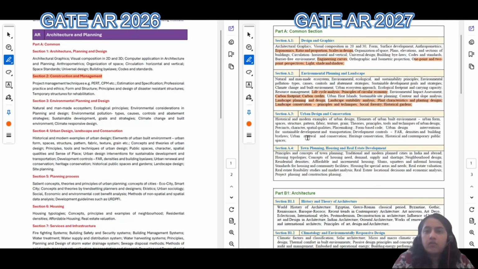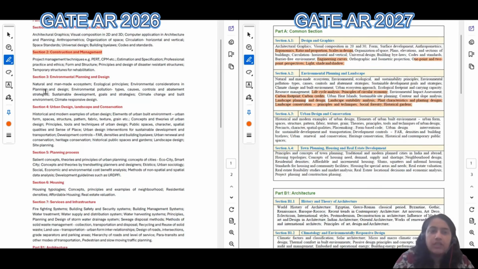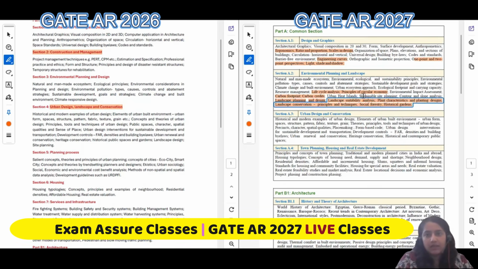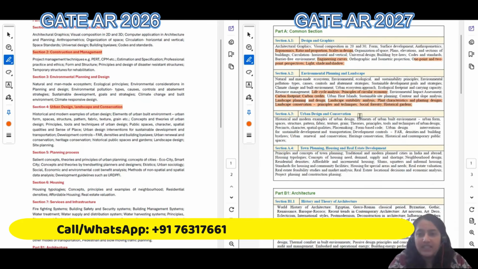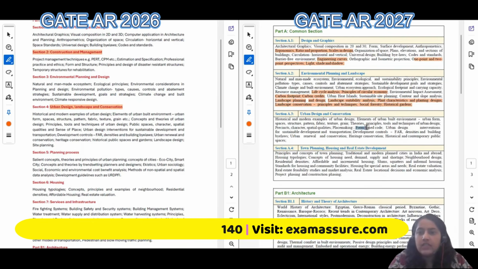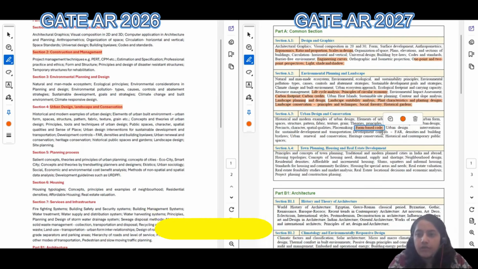Then moving on to the next section, urban design and conservation. Previously we had urban design, landscape and conservation together. Now landscape has been merged with environmental planning, and urban design and conservation have been separated out. Here again, in urban design as well, you will see certain additions like concepts of form-based code.